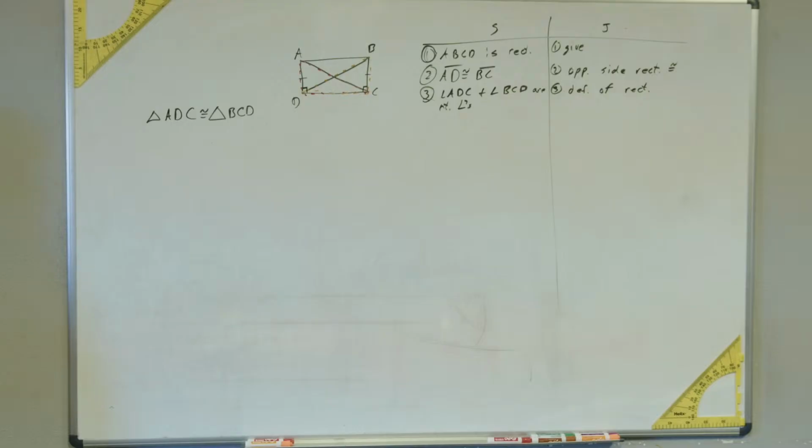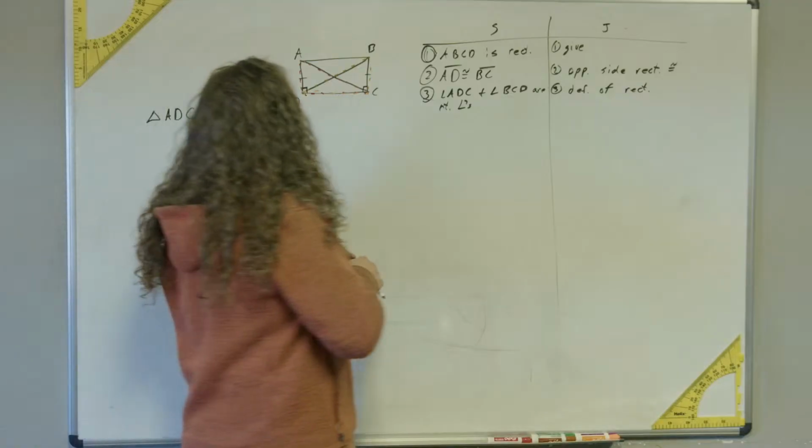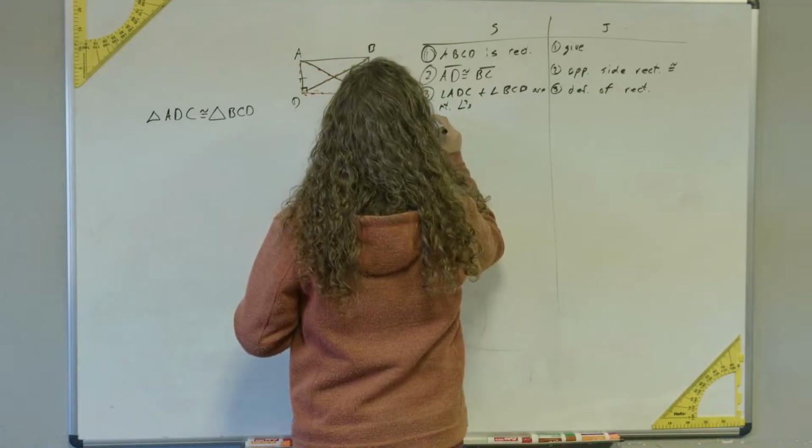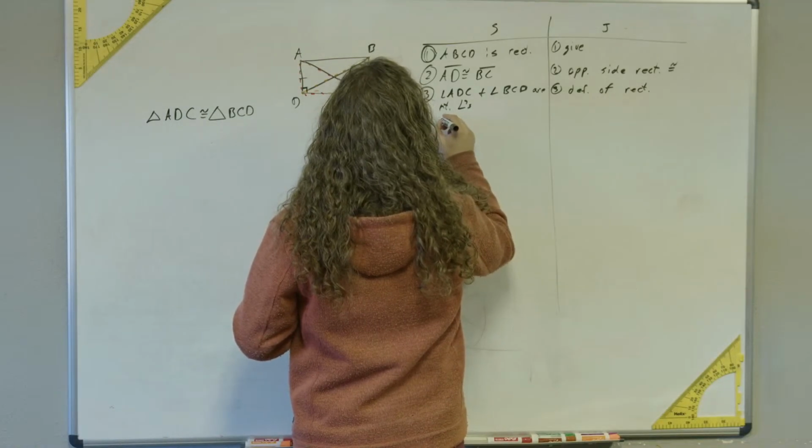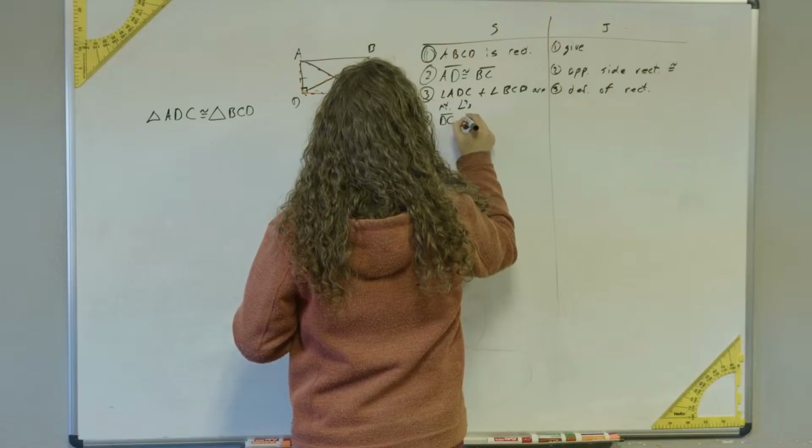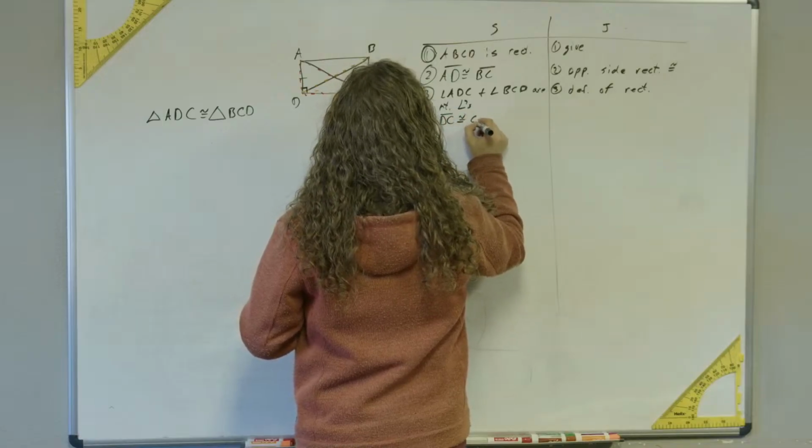Okay, what do they share? Which side? They totally do share a side. You're totally correct. And yes, it is DC. So we could say that DC is congruent to CD.